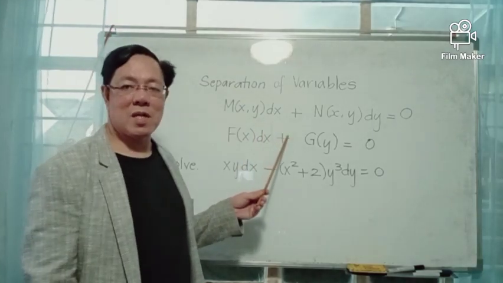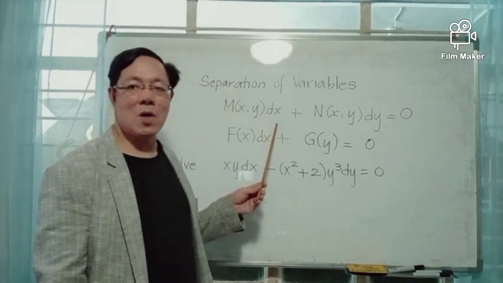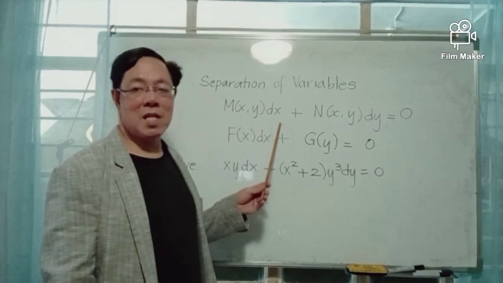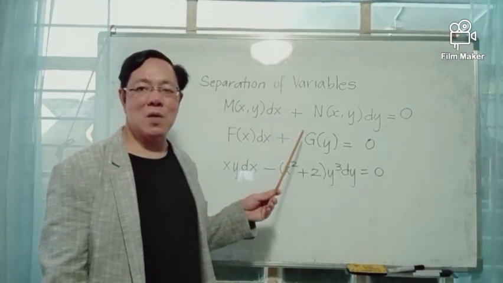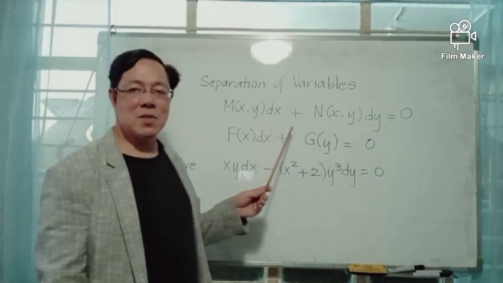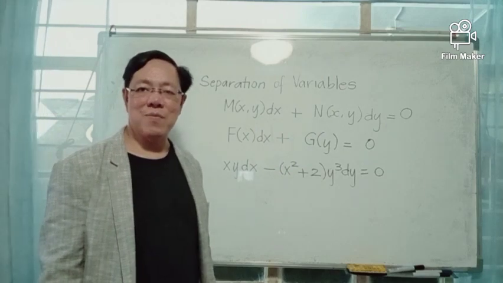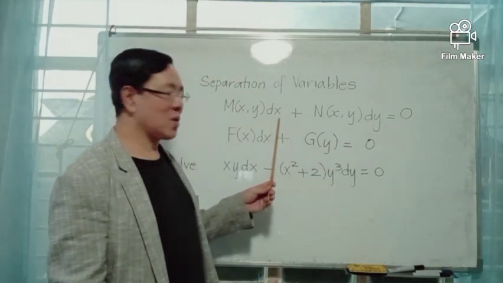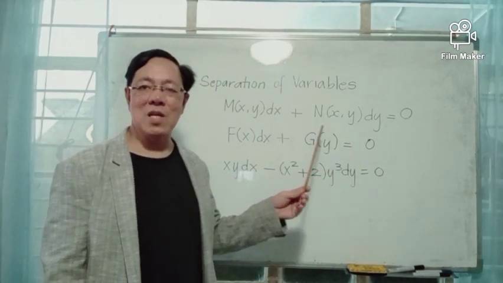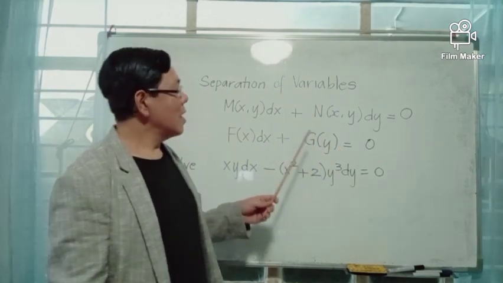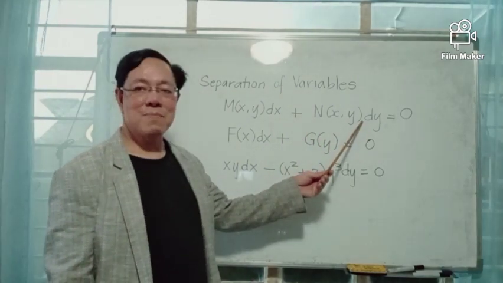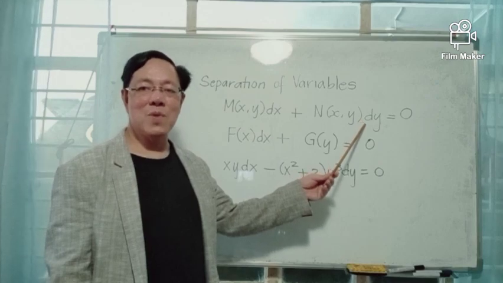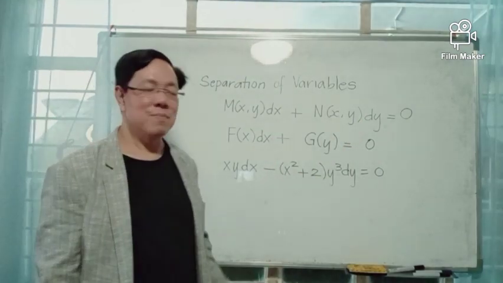In this given ordinary differential equation, this is a first order ordinary differential equation of degree 1. It is first order because the highest derivative of y with respect to x that appears in this differential equation is 1. And the degree of the first derivative of y with respect to x is 1.